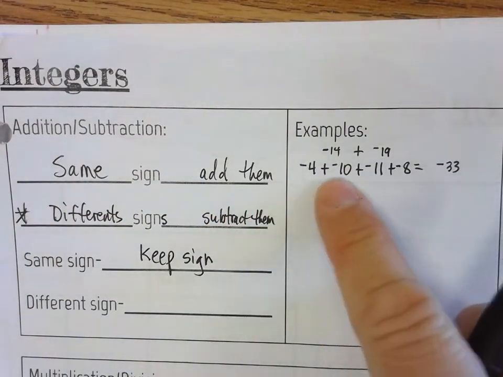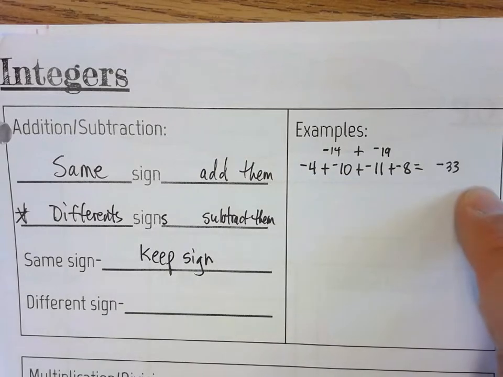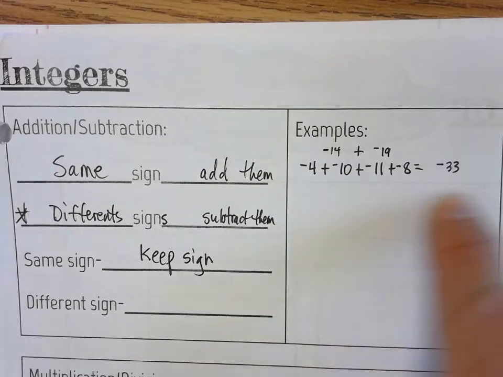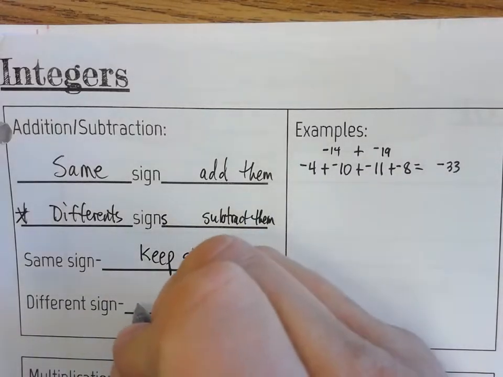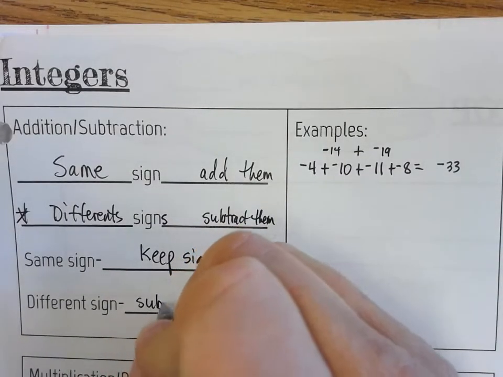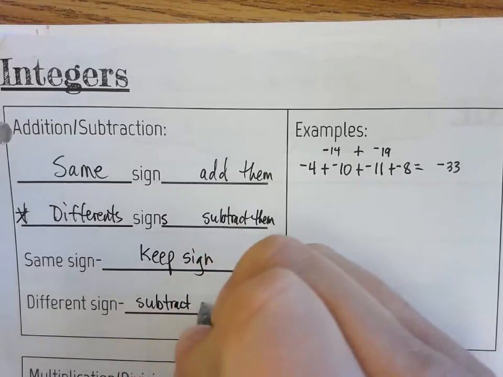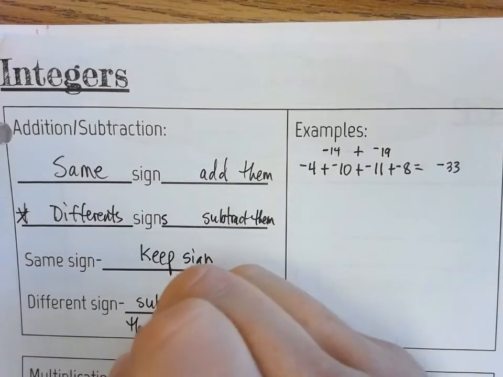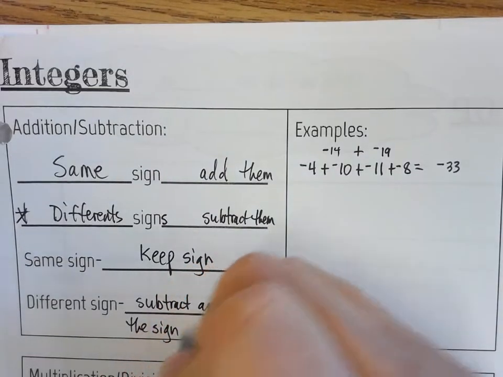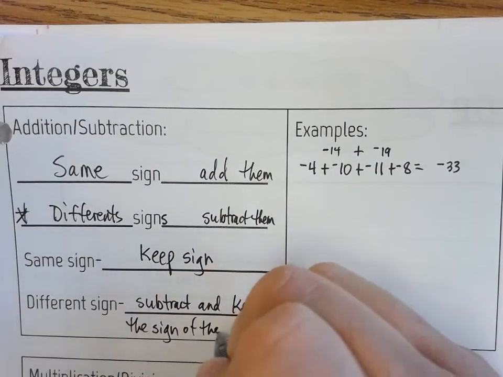When they were all negatives, we just added them together and kept the negative sign. Now, if they have different signs, you want to subtract and keep the sign of the larger number.